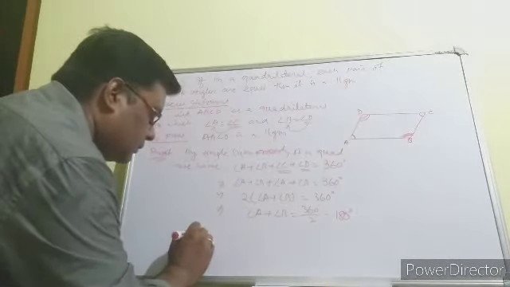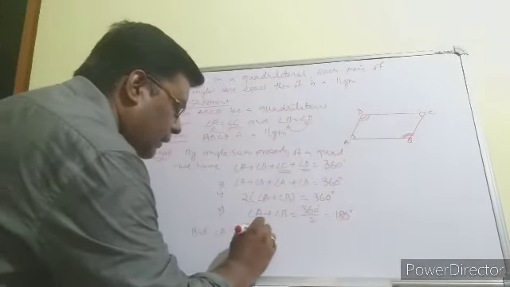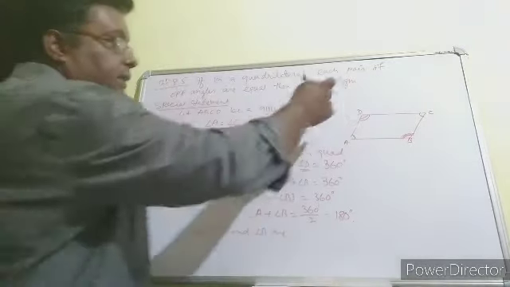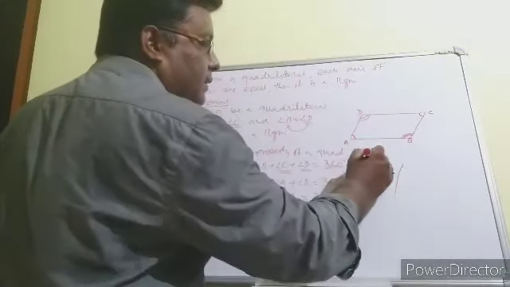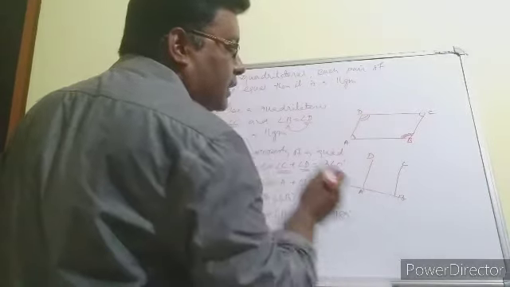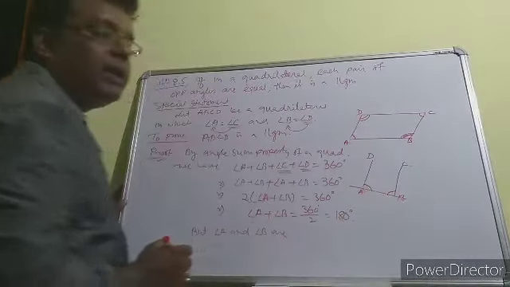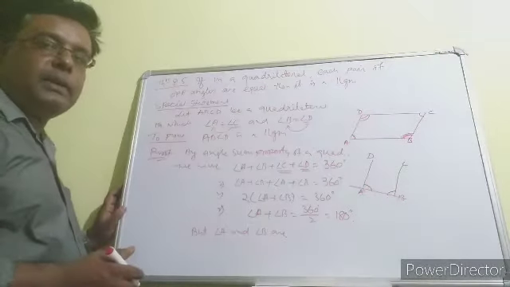But angle A and angle B are, let's see, these two lines AD and BC, and there is a transversal that intersects both the lines. Then these are two interior angles on the same side of the transversal.